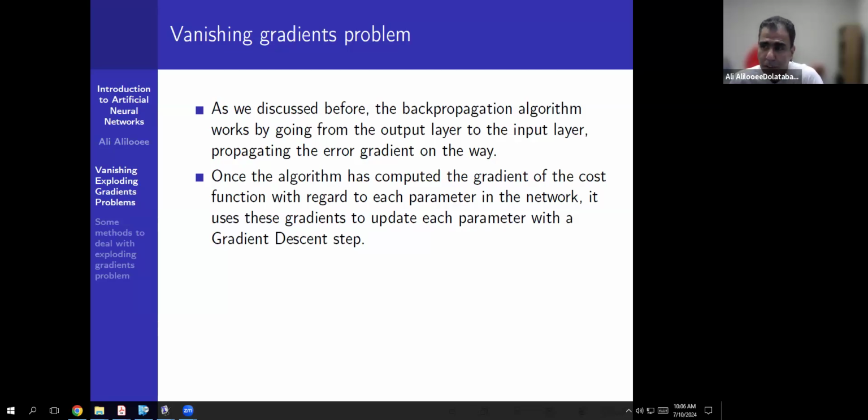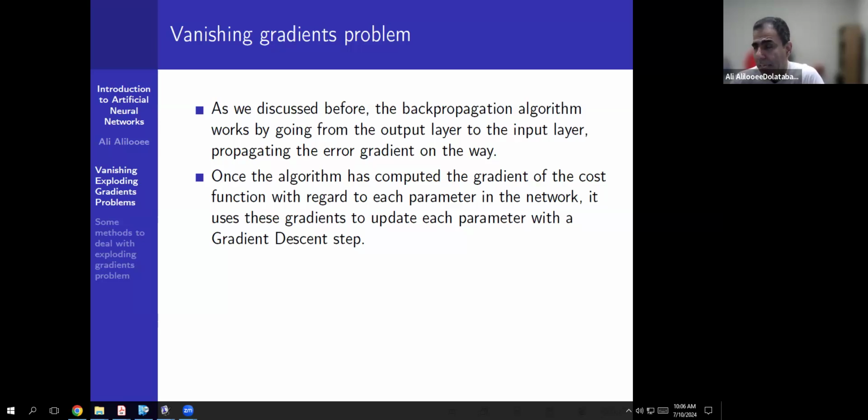Because as we explained in gradient descent, every time that you want to update a parameter, the derivative of the loss function with respect to that parameter should be considered for updating the weight or every parameter, bias and weights.